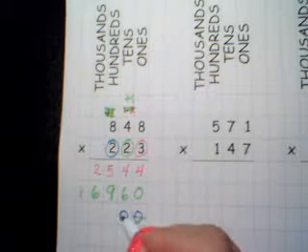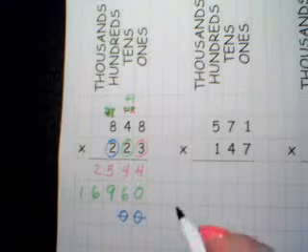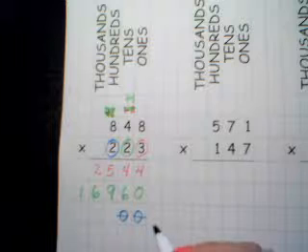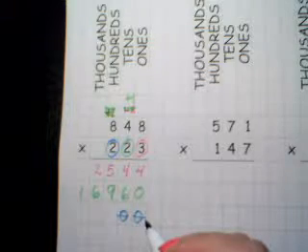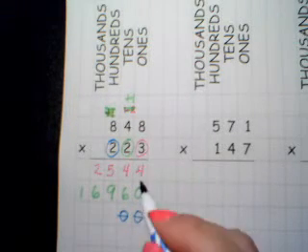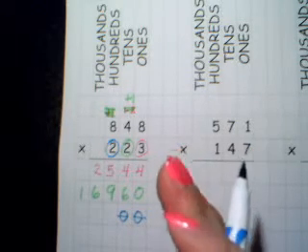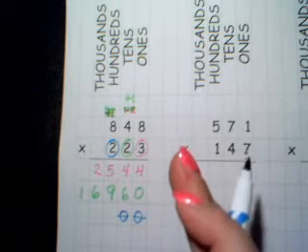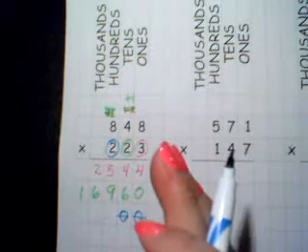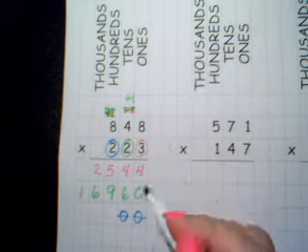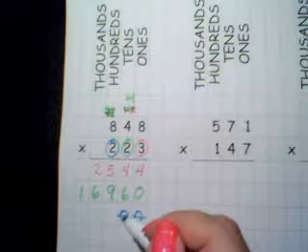Or you can put a dash there to hold the place. It might be very helpful to put something there to hold the place for you. The reason? Because when you add your columns later, if your work is sloppy or it got moved over a little, you might be in the wrong column. You might have numbers in the wrong column and be adding the wrong numbers in a column, okay?